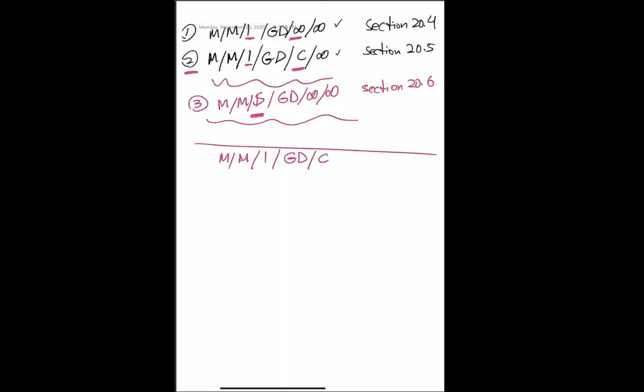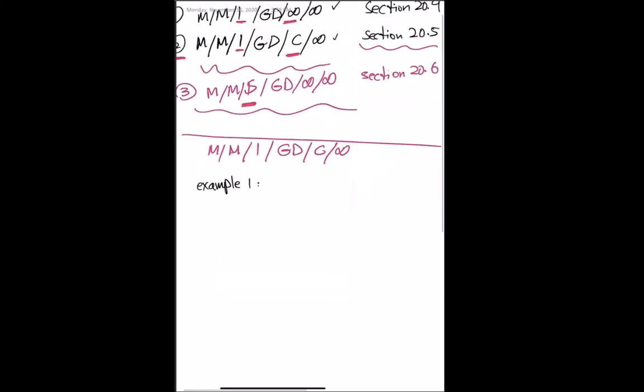Okay, so as you take note, we are still in the second queuing system, section 20.5. In the first example, we have a server, example 1. In this example, we have a server that can provide service to 2 customers per hour.